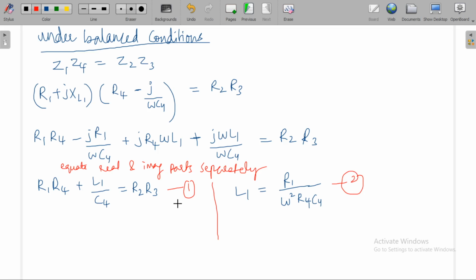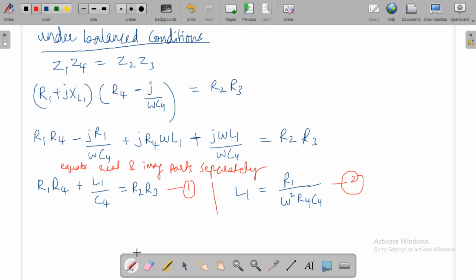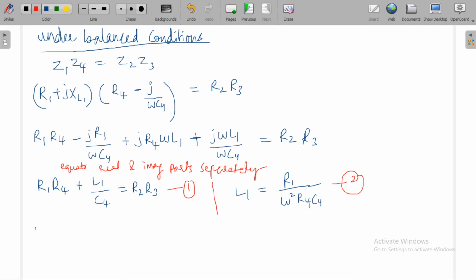Solving both equations, put equation 2 in equation 1. Then you are going to get R1 R4 plus, in place of L1 you write R1 by omega square R4 C4 square, is equal to R2 R3.